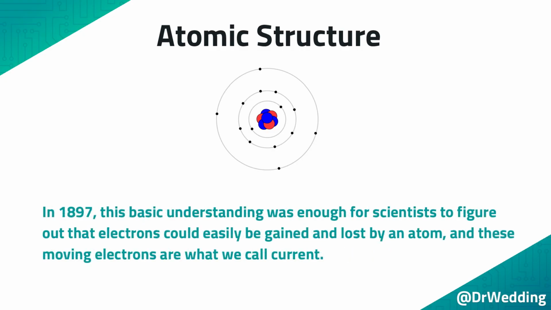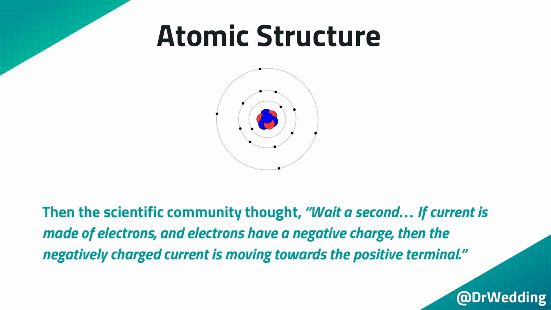In 1897, this basic understanding was enough for scientists to figure out that electrons could easily be gained and lost by an atom, and these moving electrons are what we call current. Then the scientific community thought, wait a second, if current is made of electrons, and electrons have a negative charge, then the negatively charged current is moving towards the positive terminal.